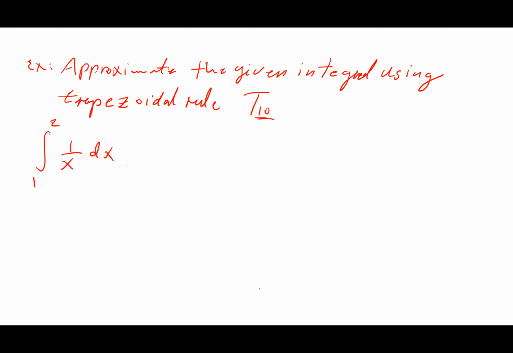Now for this one, we have n equal to 10. So h is equal to b minus a divided by n, where b is equal to 2 and a is equal to 1.